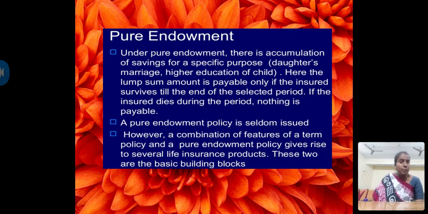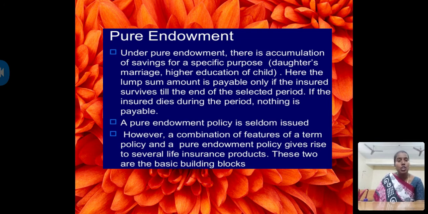Then it is called a pure endowment policy. If you are alive, they pay the policy. If you are not alive, they do not pay. A pure endowment policy is seldom issued. However, a combination of features of term policy and a pure endowment policy gives rise to survival life insurance products.